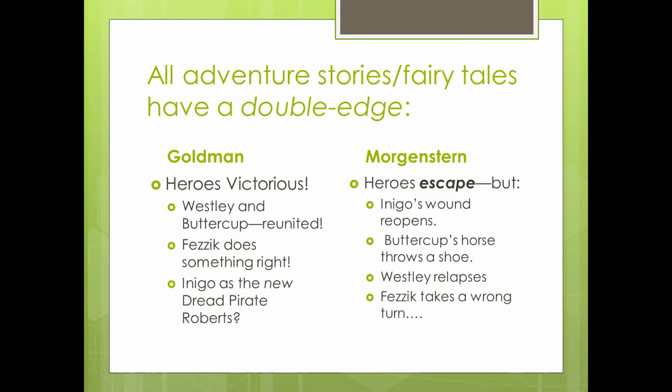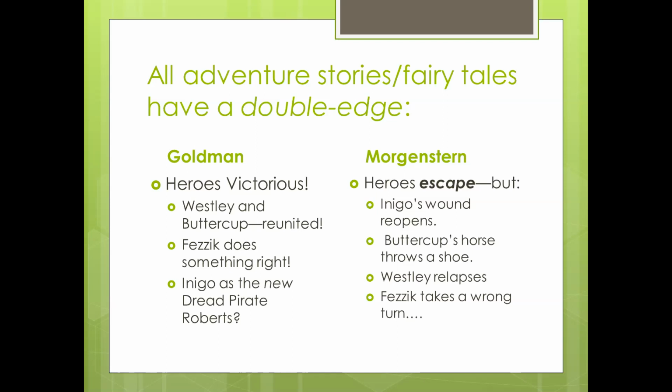He says that he went back and reread the original Morgenstern. And in the Morgenstern version, it's a little more ambiguous. Inigo's wound reopens due to all the rough riding on the horse. Right? He had been injured in his battle with Count Rugen. He had survived and avenged his father, but now that he's riding, his wound reopens.